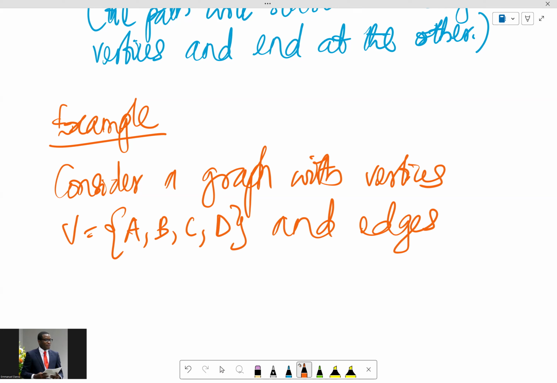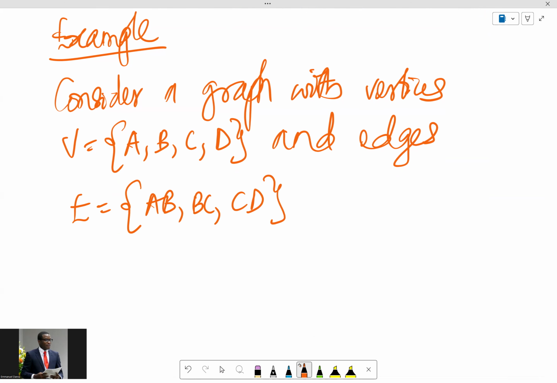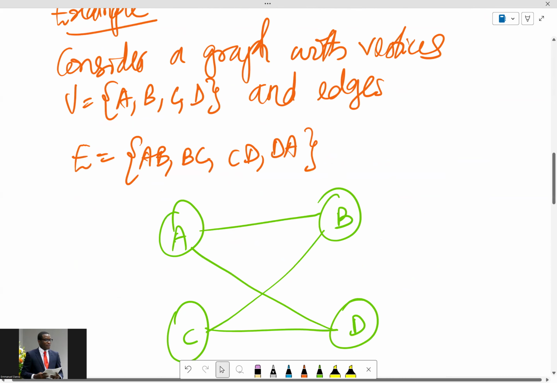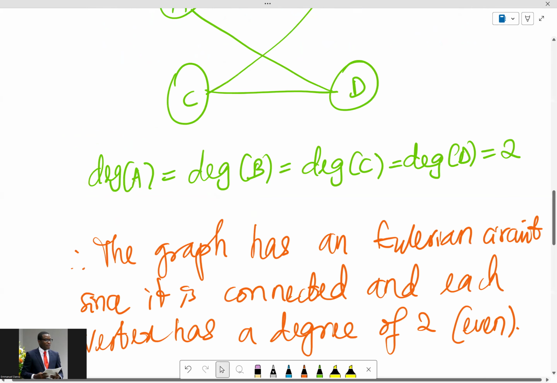Now the edges are not like what we had before. So let's say the edges are now A, B, B, C, and C, D. Only this. The other time we had A, B, B, C, C, D, and D, A. So now we no longer have D, A.